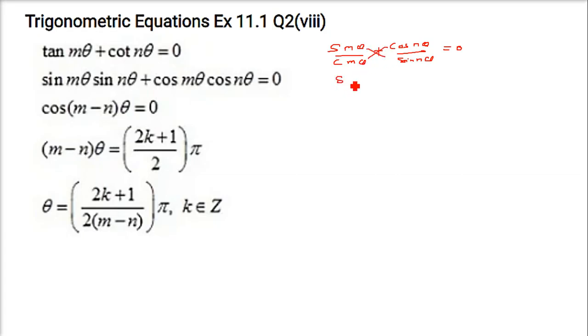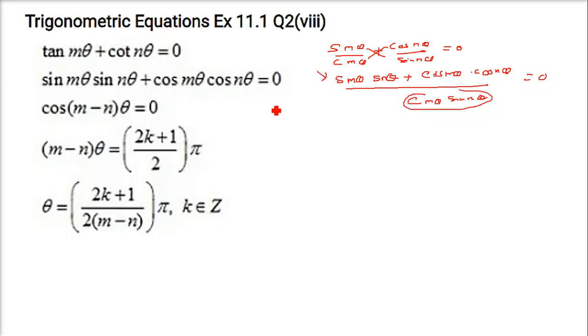Sin m theta sin n theta plus cos m theta into cos n theta, by cos m theta sin n theta, equal to 0. So when this is equal to 0, that means the numerator has to be 0. The denominator doesn't matter. So we have sin m theta sin n theta plus cos m theta cos n theta equals 0.